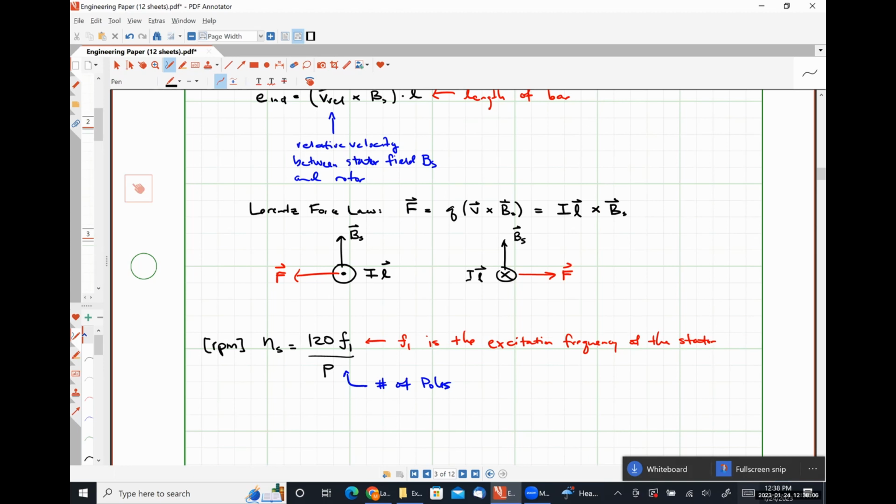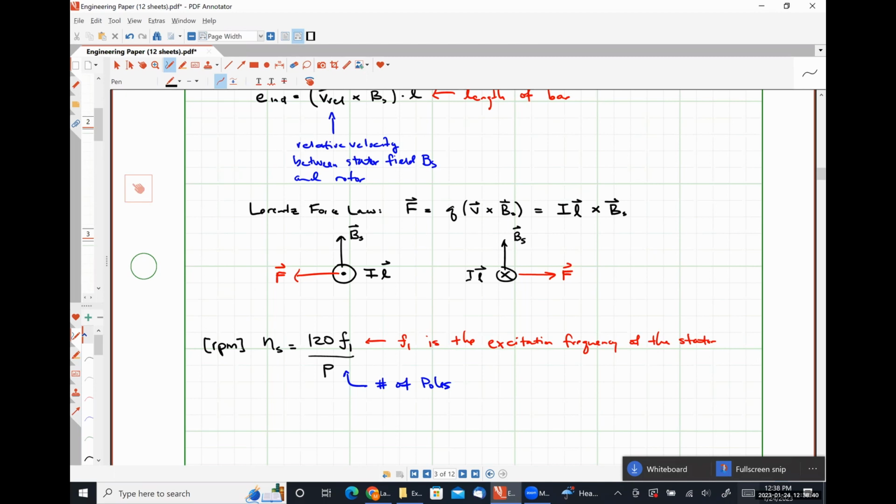So if I have a three-phase, two-pole stator, here in the US, I'm going to get a speed of 3,600 revolutions per minute, which means it completes 60 cycles in a second, which is exactly what 60 hertz means, right? If I have more poles, it winds up spinning slower. That's all that's going on here, okay?